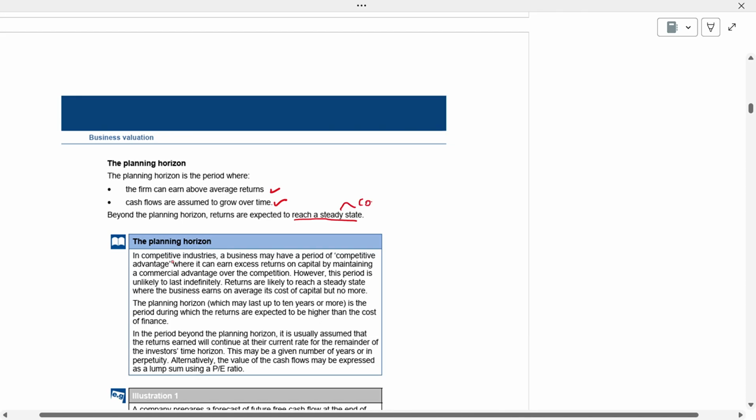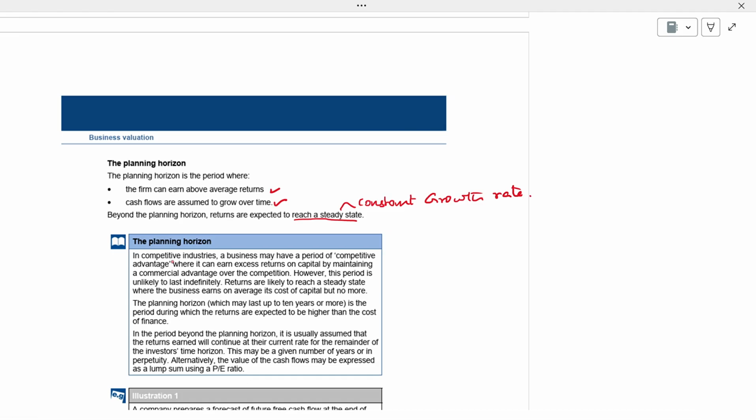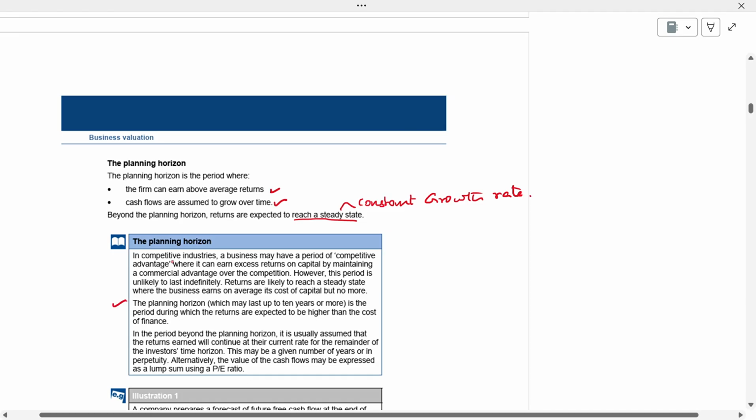They will give you the constant growth rate in the exam question. Here they have said it may last up to 10 years or more, but usually they will not take that much.